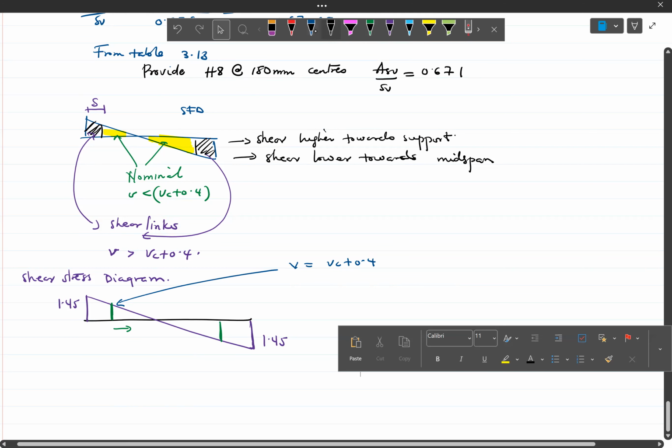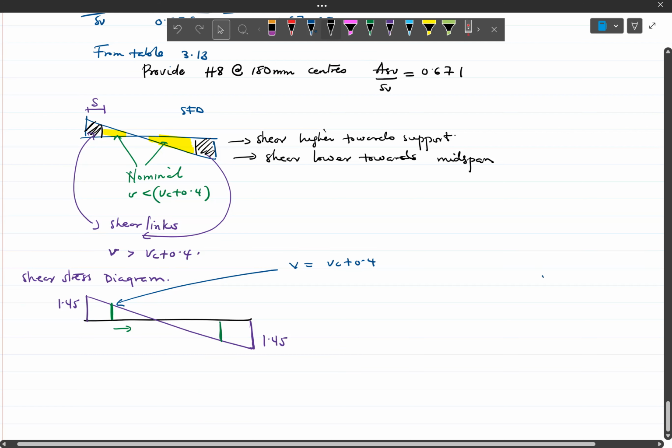If you go towards the center, you are using nominal. If you go towards the supports, you are designing for the shear links. I think we found this answer to be 1.05.